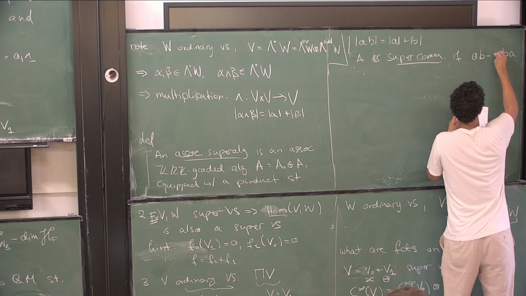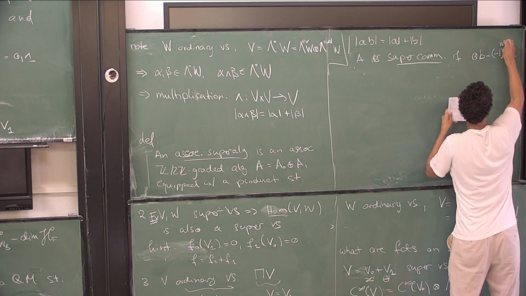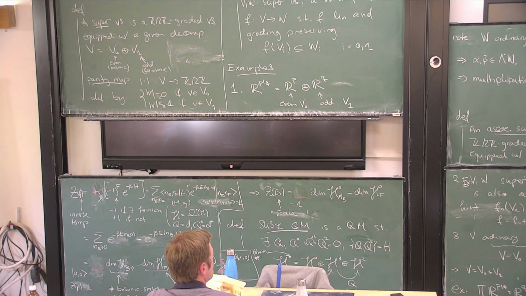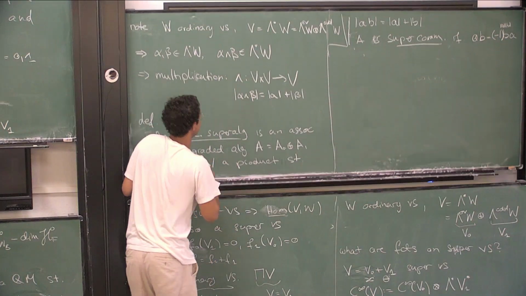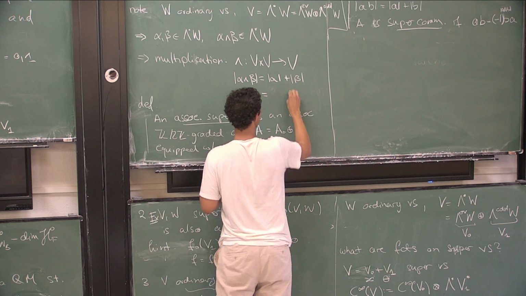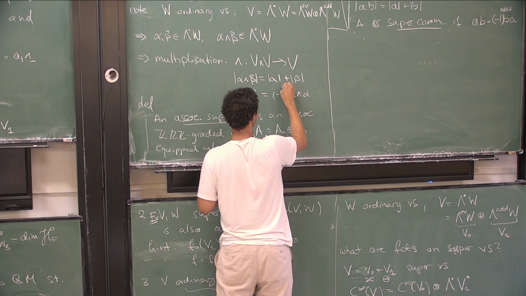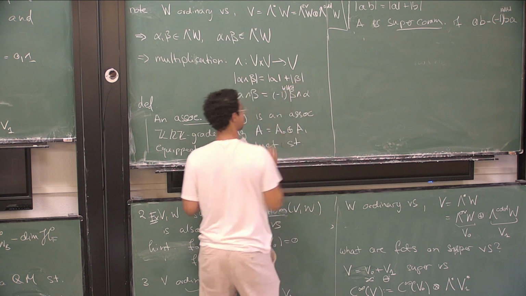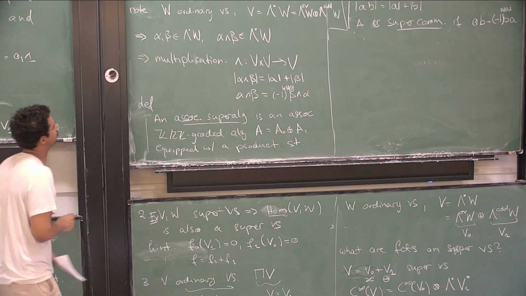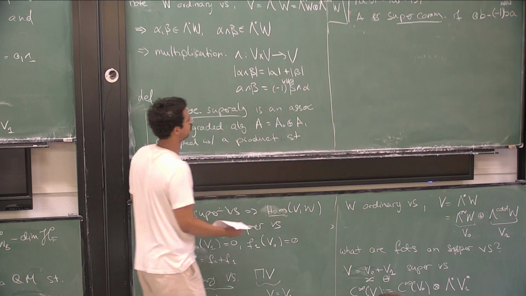So this is true if it carries (-1) to the power of the parity of A times the parity of B. Taking the example in here, alpha wedge beta is beta wedge alpha, but with a sign given by the degrees of alpha and beta. So this is just saying that the exterior algebra of an ordinary vector space can be considered as an associative superalgebra which is supercommutative.